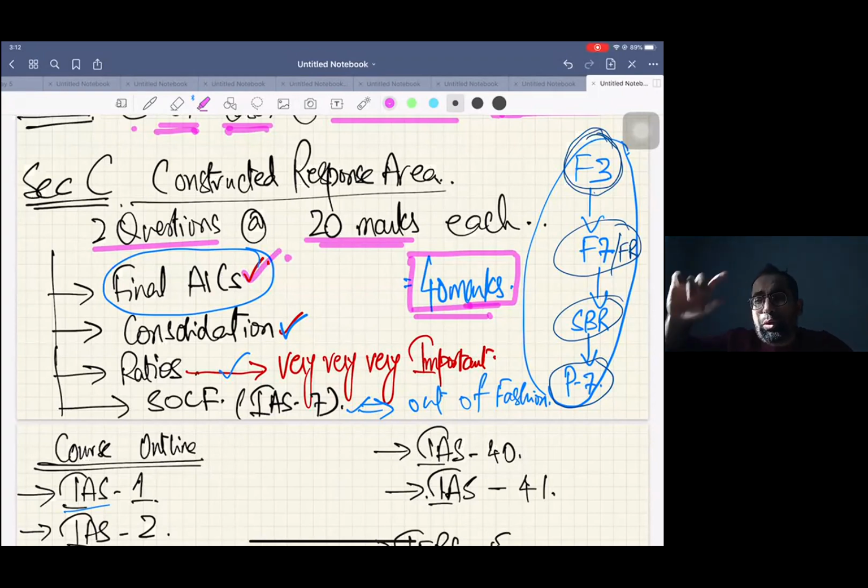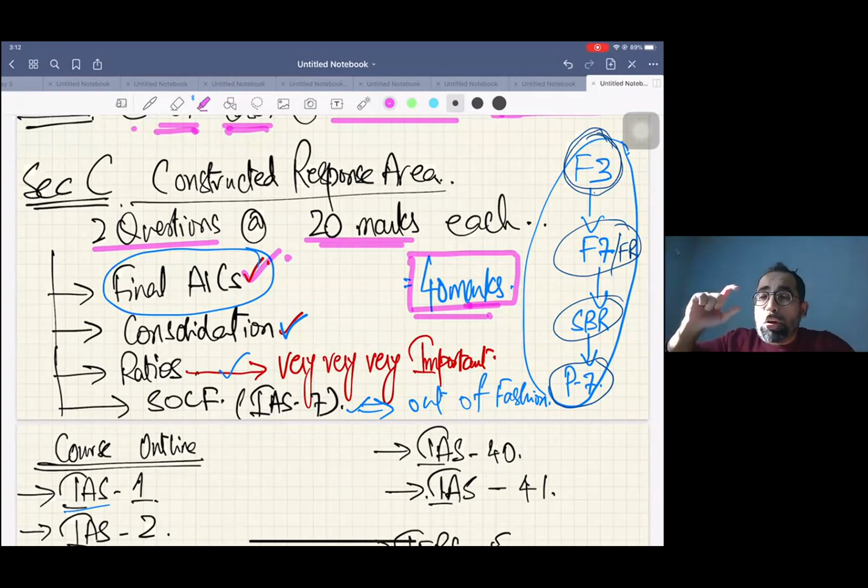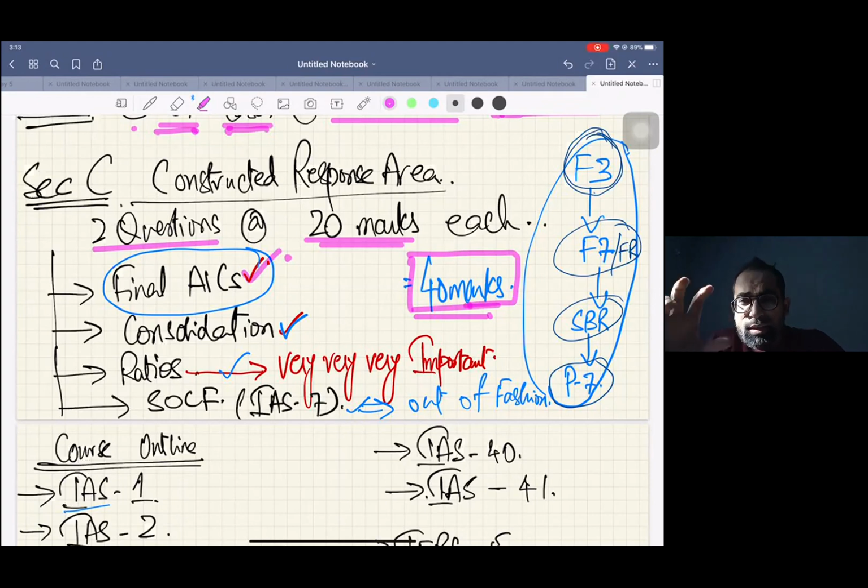So what you have to do is start your journey from the unadjusted profit, or uncorrected profit, and then add or less a few things, and go to the corrected profit. So the new questions are like that, in which you need to correct errors as well. You need to correct certain mistakes of the accountant. This is the latest fashion.